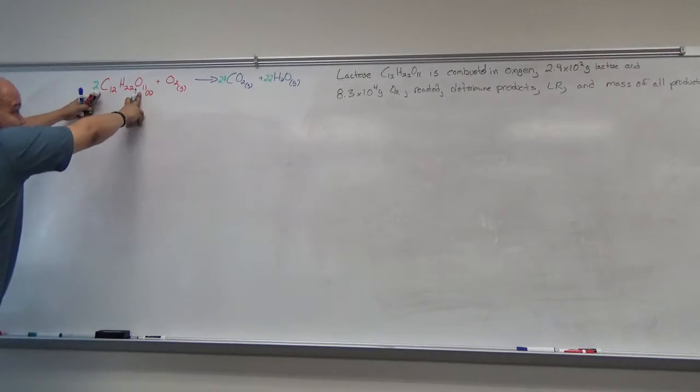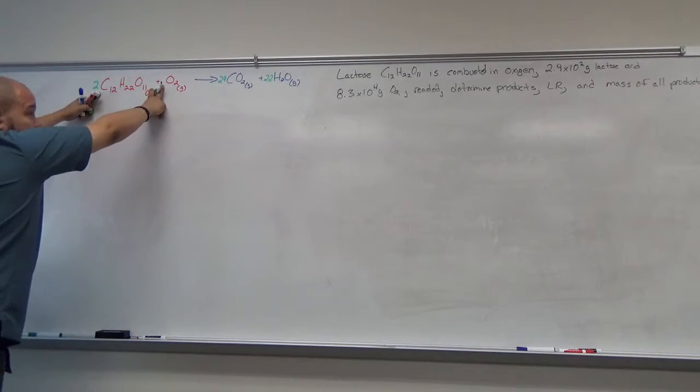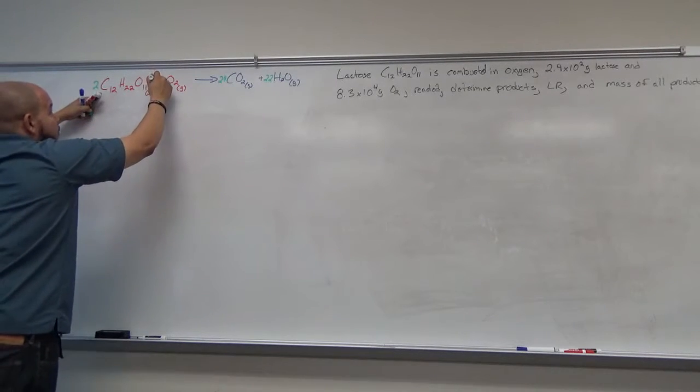But you have 22 here, so 70 minus 22 is 48, right? So you need 24 here.